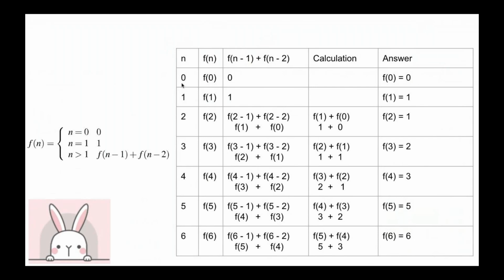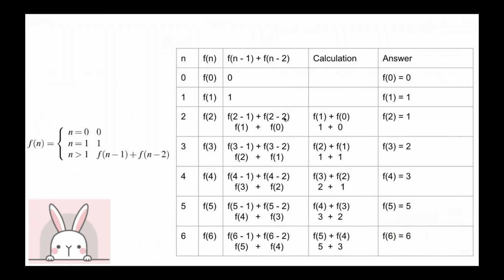Wherever you see n, you replace it with your number. So when n is greater than 1, we follow this formula. For n equals 2, f of n becomes f of 2, and then this generic formula becomes f of 2 minus 1 plus f of 2 minus 2.